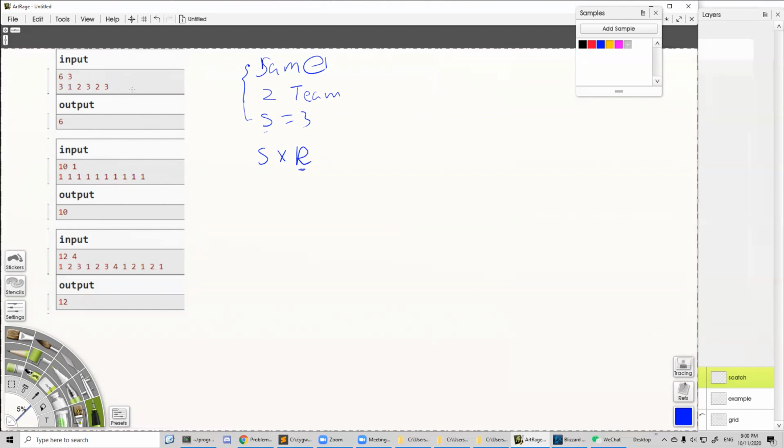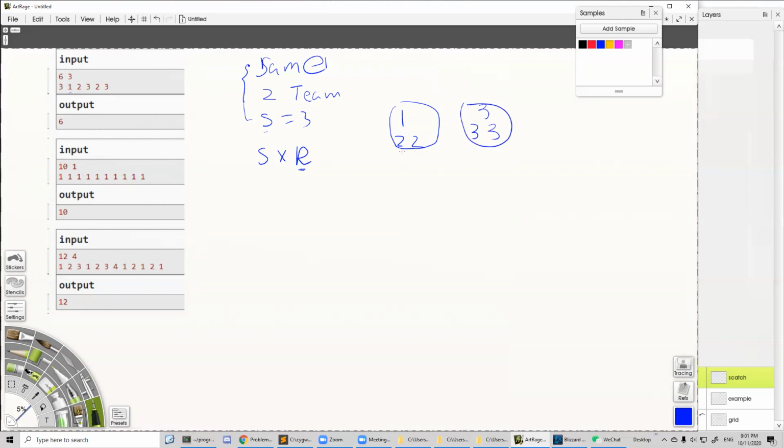So in the first example, let's say we set S equal to 3. Then in the first bus, we are going to have team 1 and team 2, right? So the first bus is 4. And in the second bus, there are 3 people from team 3, right?